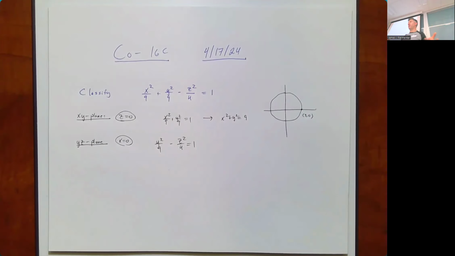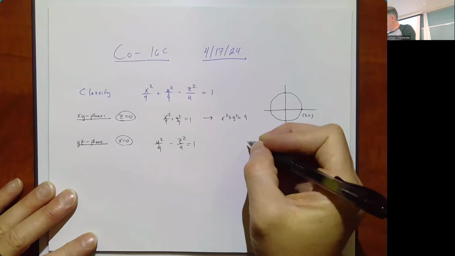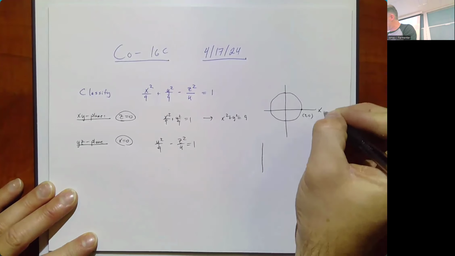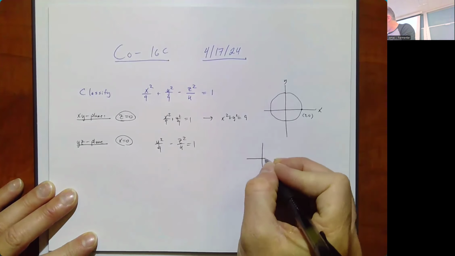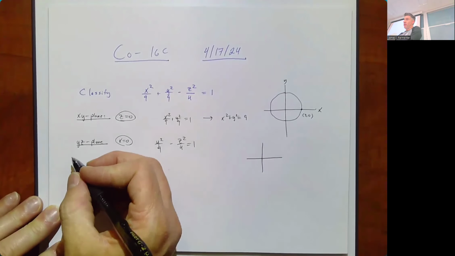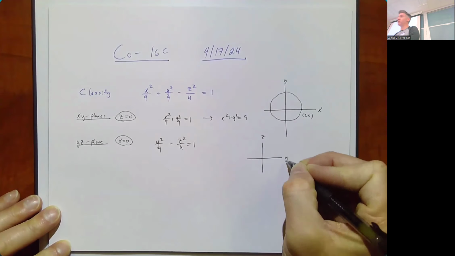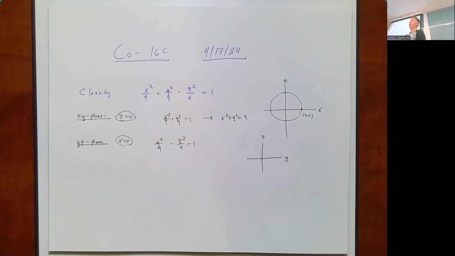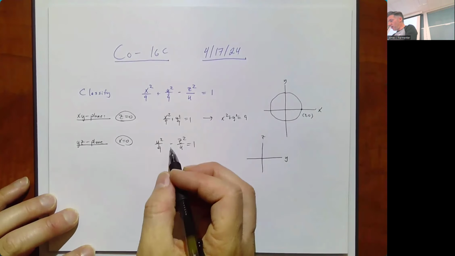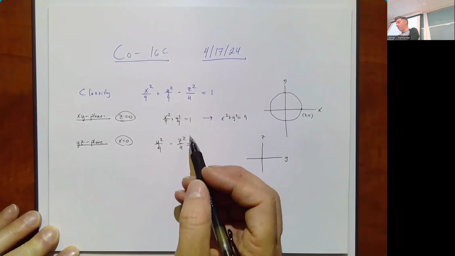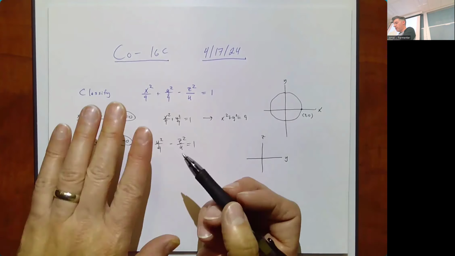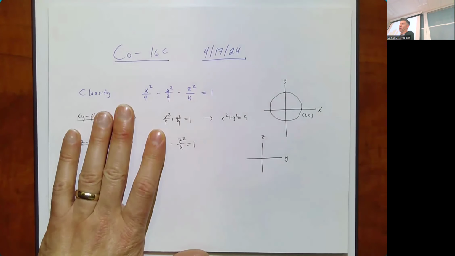The way I'm going to figure out which way is to find which of those two axes has the intercept. So I should label my axes. This is y, z. I'm almost always going to draw a yz or an xz plane with z as the vertical axis and the other variable as the horizontal axis, because that's how we usually draw the whole three-dimensional thing together. If I let y equal 0, then I have negative z squared over 4 equal to 1.